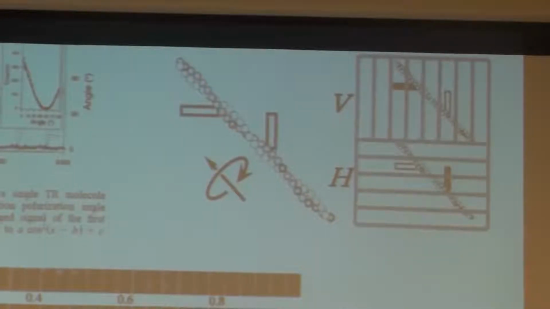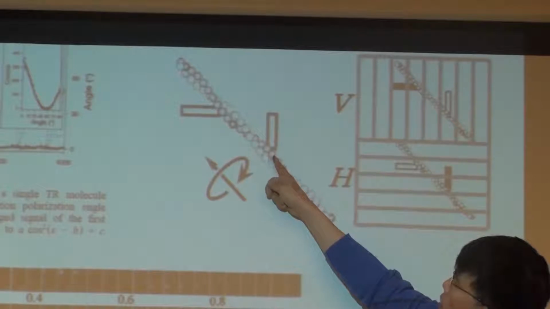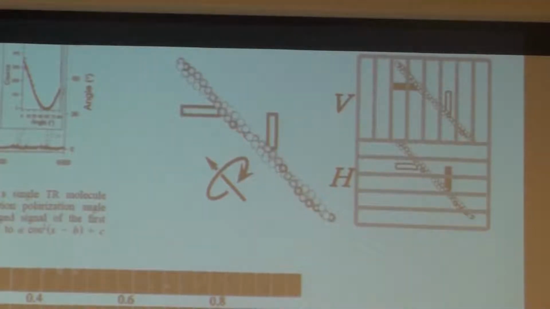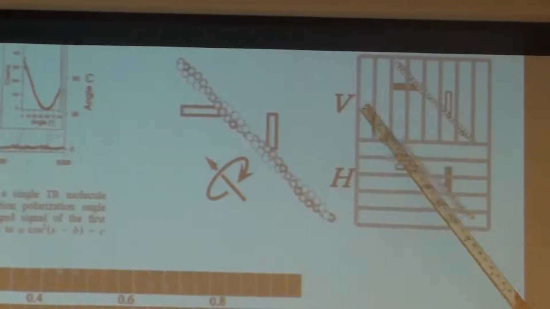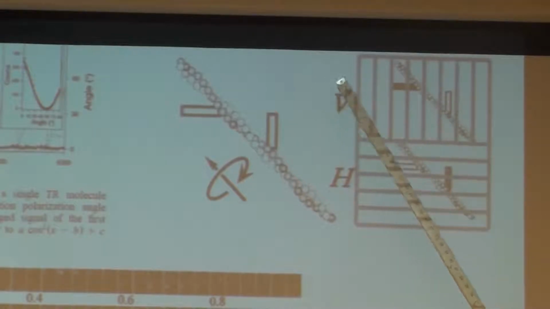So what they did was they attached a fluorescent dye molecule to the filament with a fixed orientation. Initially, let's say it's pointing in this direction. If you measure the fluorescence signal in two differently polarized channels, vertical and horizontal, then with two dye molecules, in the vertical channel this will be bright, but in the horizontal channel this will be dark.